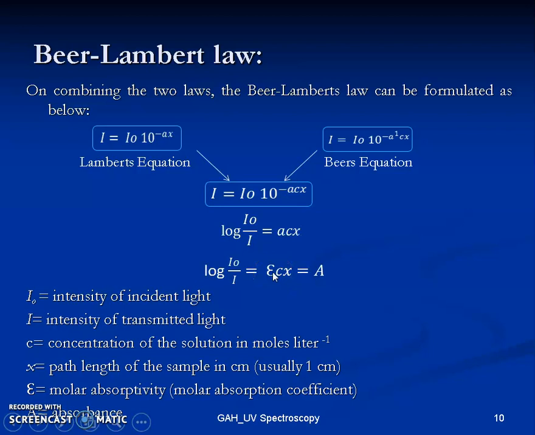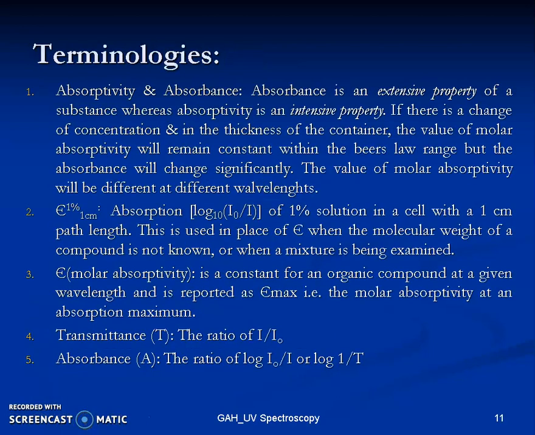For that reason, we have two terminologies here, absorptivity and absorbance. Absorbance is an extensive property of a substance, whereas absorptivity is an intensive property. Okay, intensive property, I mean to say the bulk property. Okay, absorptivity is the bulk property, and absorbance is an extensive property.